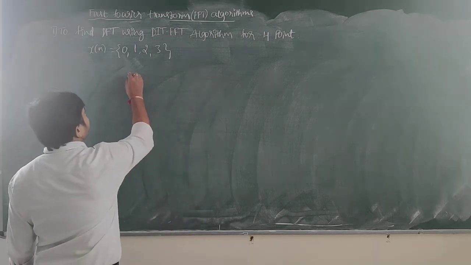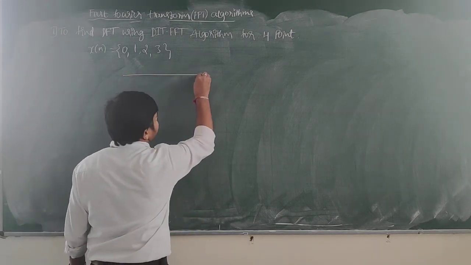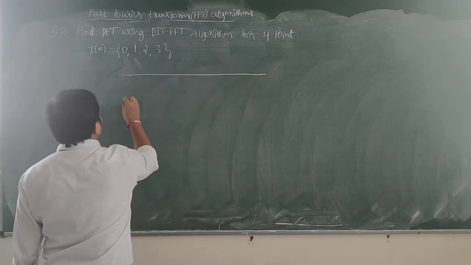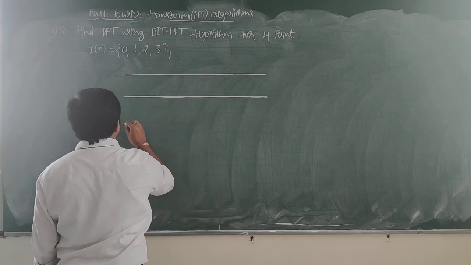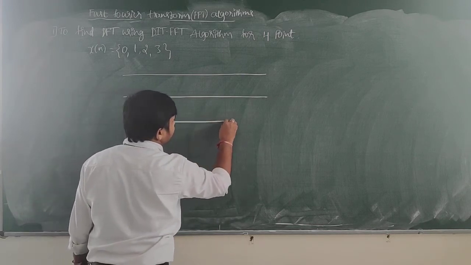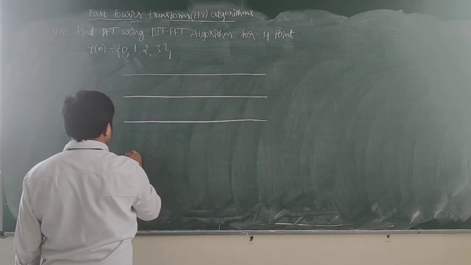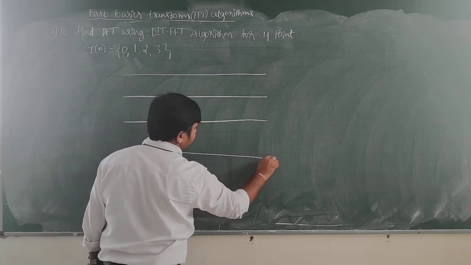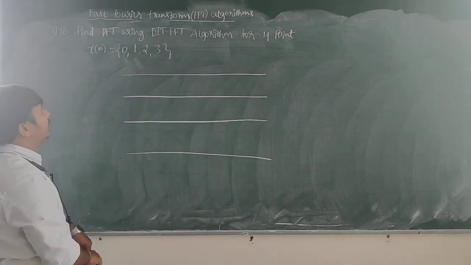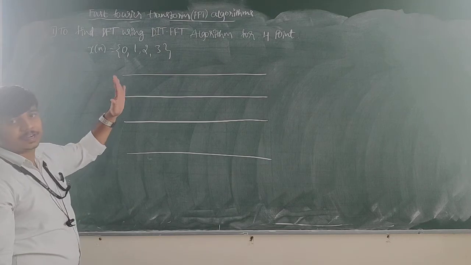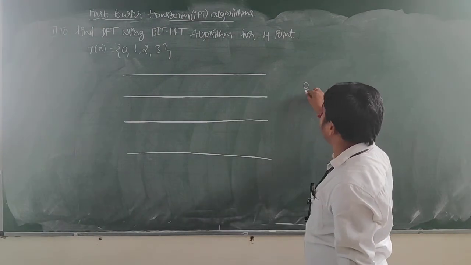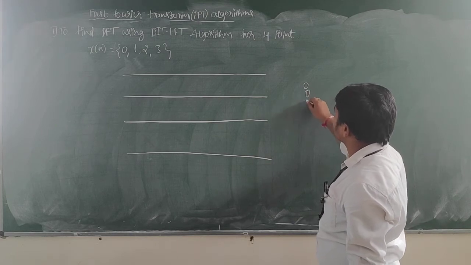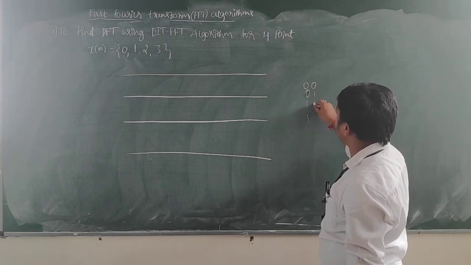So we know that in the last class we have seen the butterfly structure of the 4-point DFT. I need to write the input in bit reverse manner. For the 4-point DFT the indices are 00, 01, 10, 11.